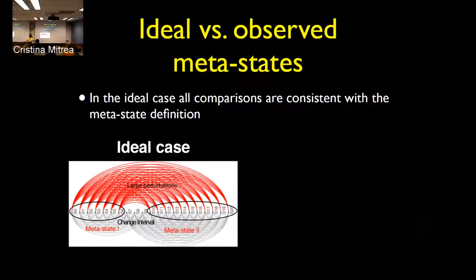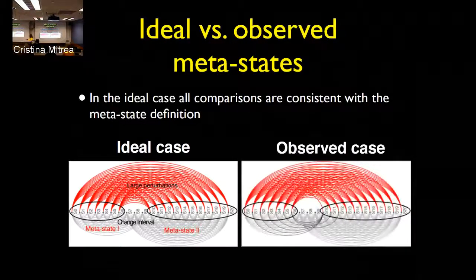Everything fits perfectly. In the case of our data, it didn't fit perfectly. There were some changes that in the ideal case, when everything fit the definition of the metastate, would have had to be large perturbations, and they weren't, which is expected. Our method is not perfect, and we didn't expect it to be perfect.